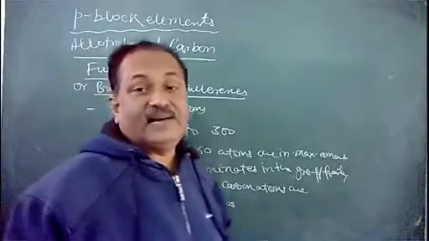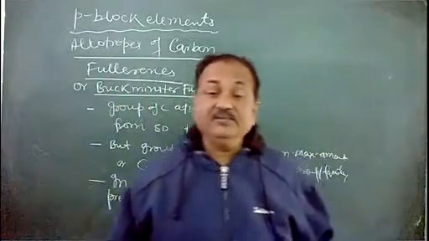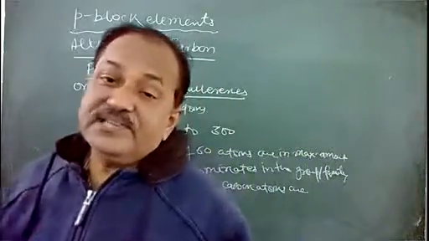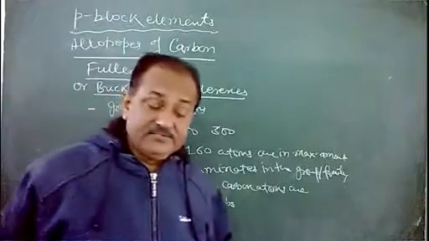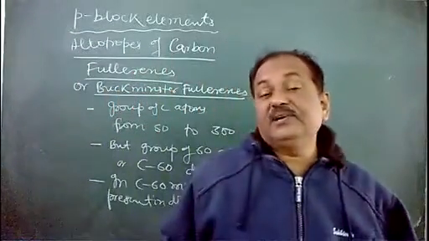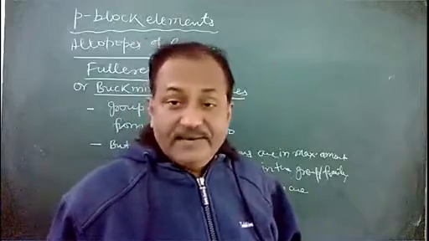Some carbon atoms are attached to nearby 4 atoms. Some carbons are attached to nearby 5 atoms. And so they give rise to a very complex structure.